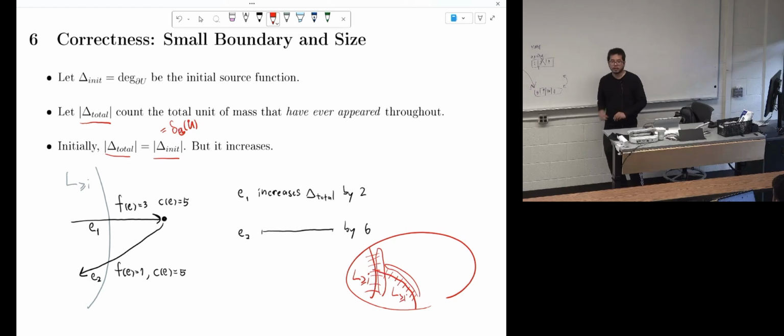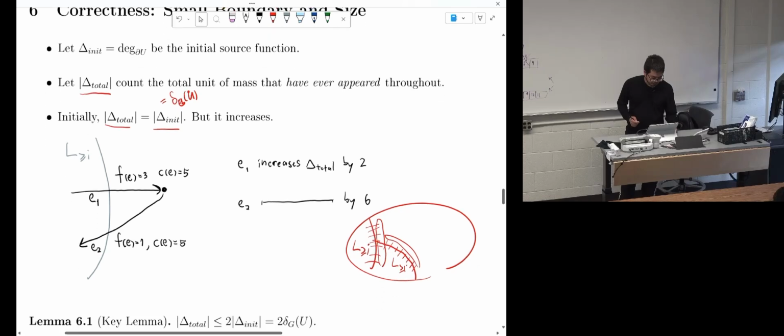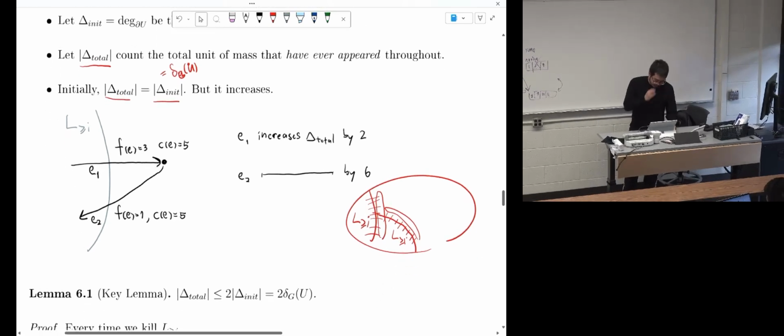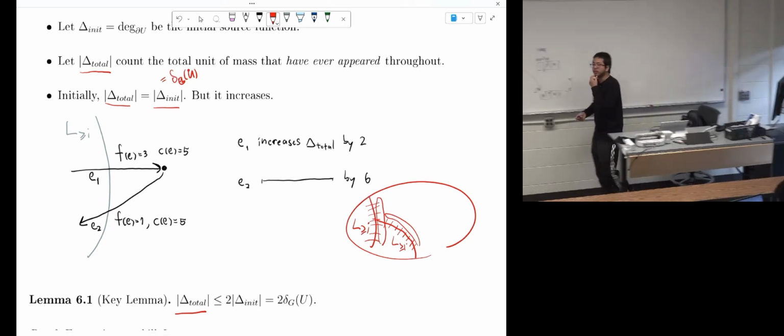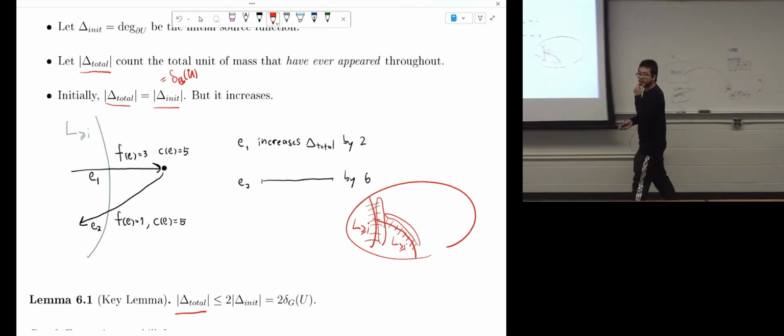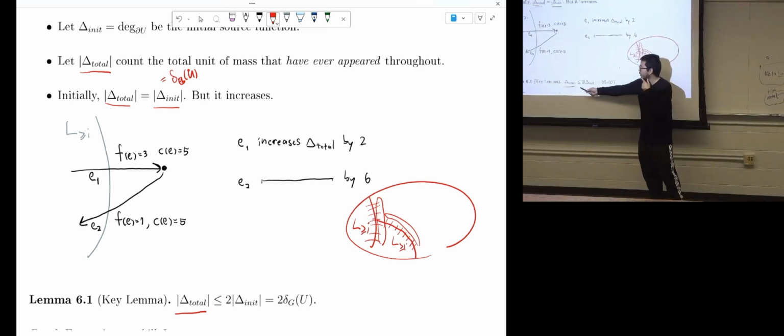So this keeps increasing, but we want to say that we don't increase by too much. And the key lemma is that the total source that we ever increase is at most twice the initial source. And the initial source is of this size, so the total source is this.